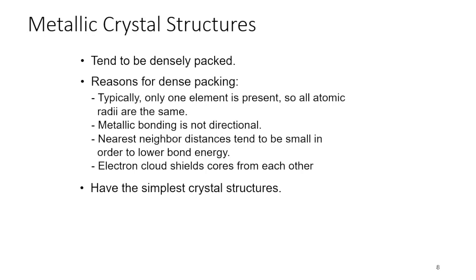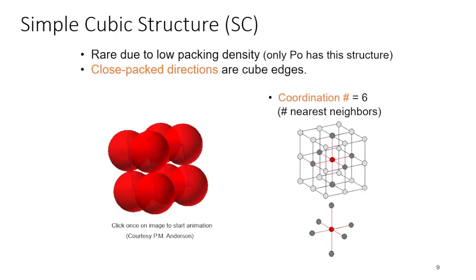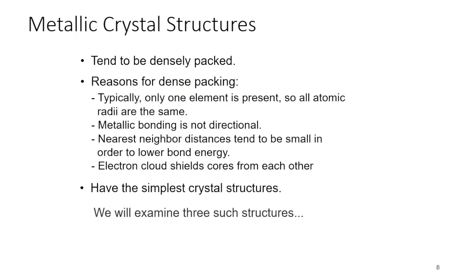Now let us go into the metallic crystal structures. These are some of the characteristics of metallic crystal structures. One, they tend to be densely packed. We already saw this. The reason it is densely packed is because only one type of element is present, so all the atomic radii are the same.